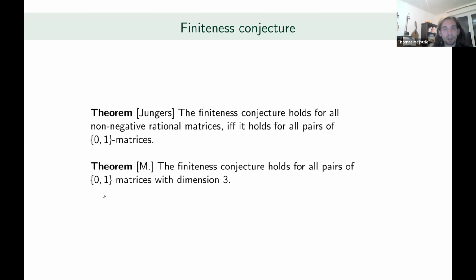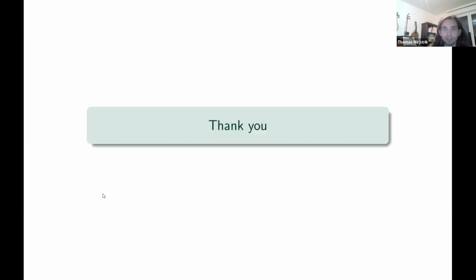And with the IPA, we could automatically prove this theorem for 0, 1 matrices with dimensions 2 and 3, and also for matrices of dimension 2 with entries -1, 0, and 1. And yeah, that's it for my talk. Thank you for listening, and I hope you have a lot of questions.